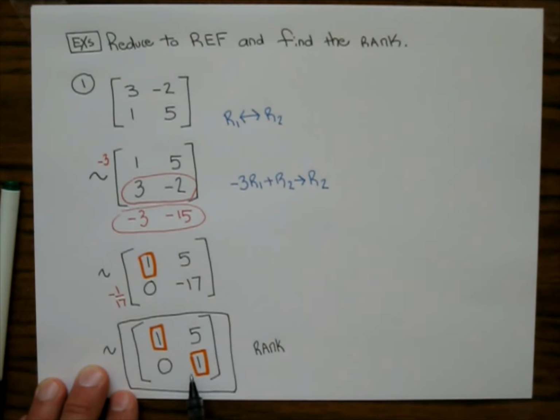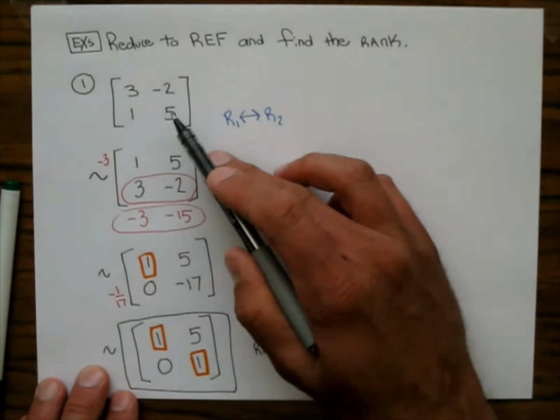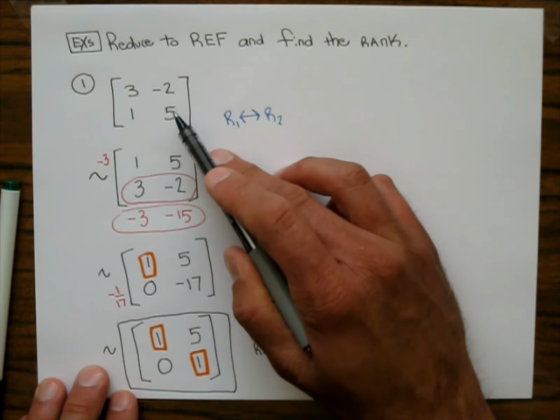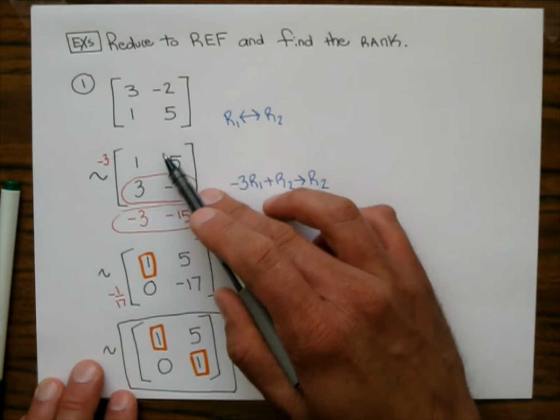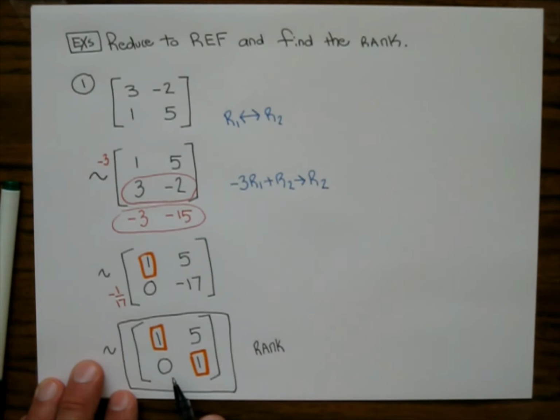So here's a theorem about rank, or maybe we can call it a definition: the rank of a matrix that is not in row echelon form can be found by reducing it to row echelon form and finding the rank of the row echelon form matrix.